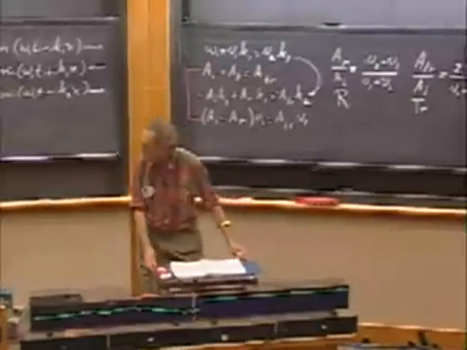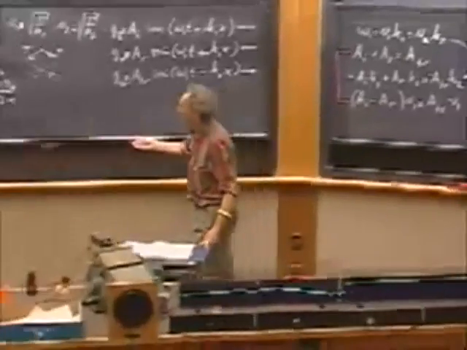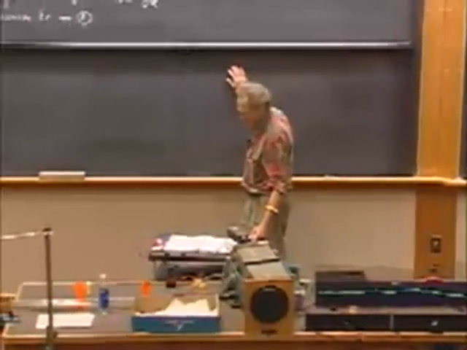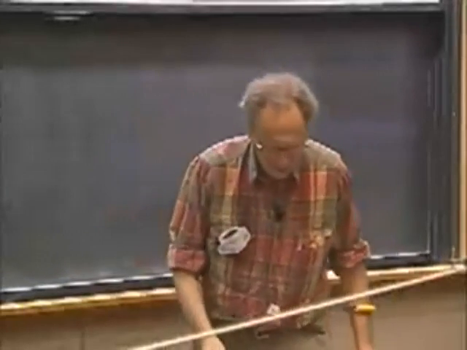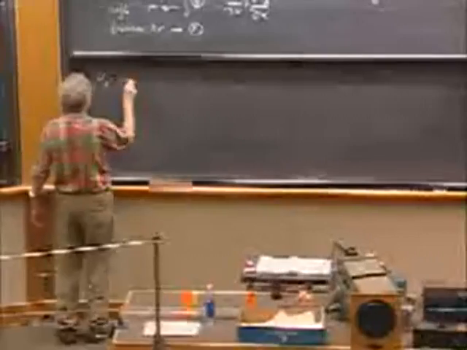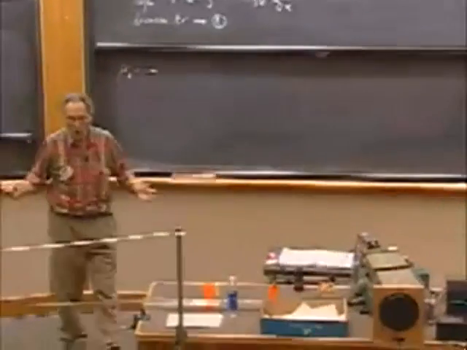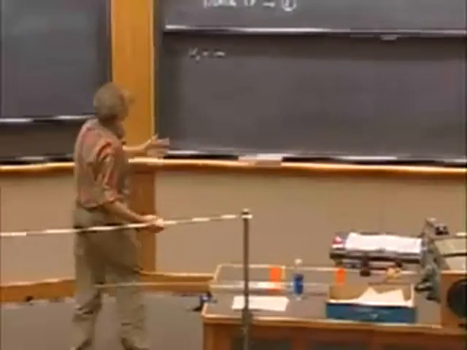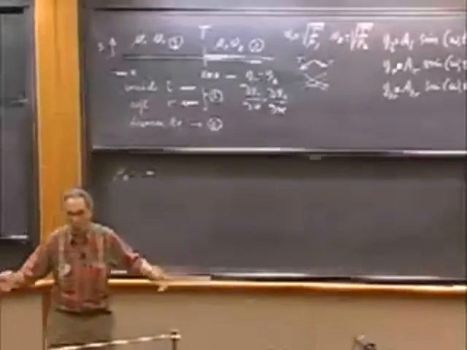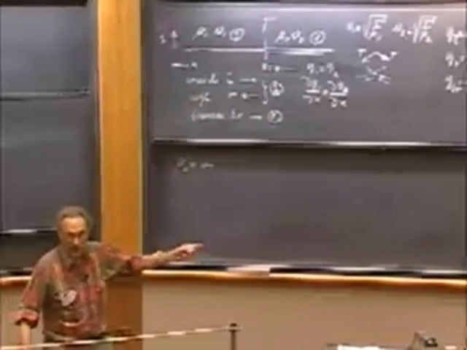We can now do some interesting examples, and you will begin to understand what is happening here. Take an example, for instance, that mu2 is infinitely large. That's a wall. So in other words, that second string is a wall. If that second string is a wall, you better believe it, that point cannot move.